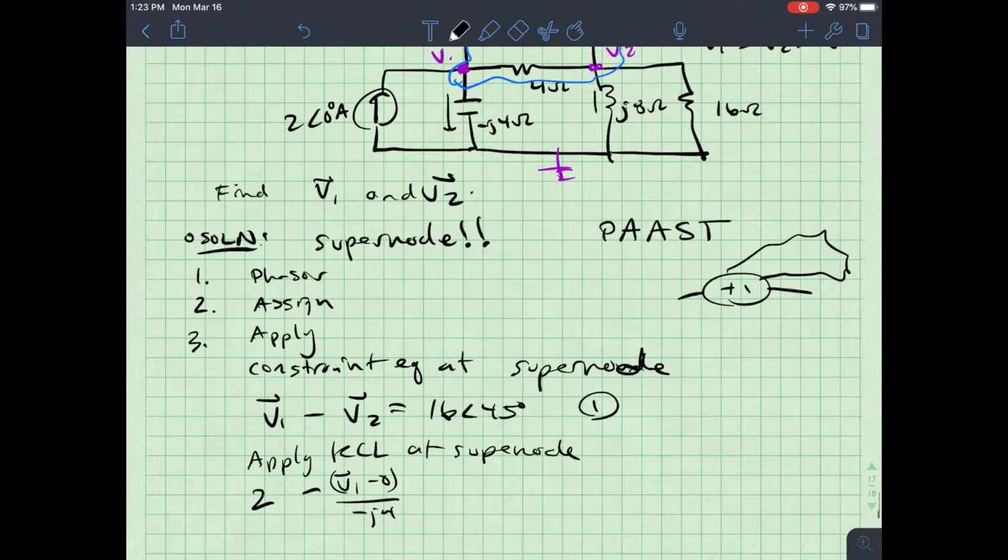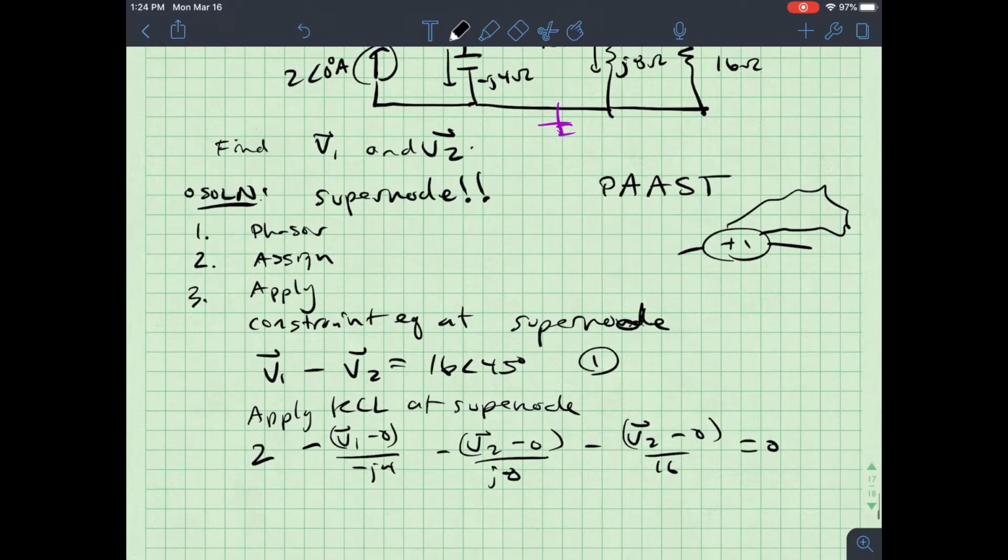And then I've got the current through the j8 inductor, so minus V2 minus 0 over j8. And then the current through the 16 ohm resistor, so minus V2 minus 0 over 16 equals 0. And then all I need to do is make this a little bit cleaner.